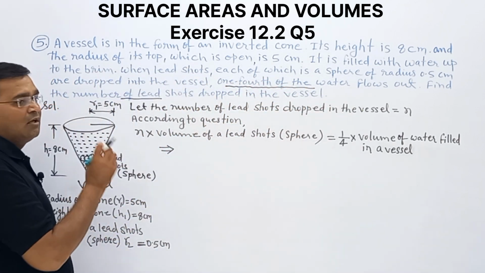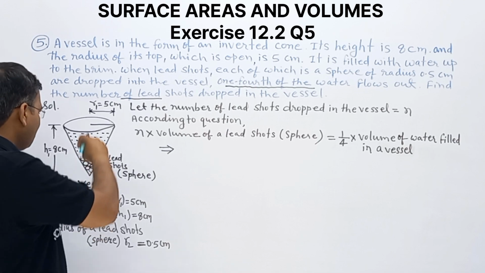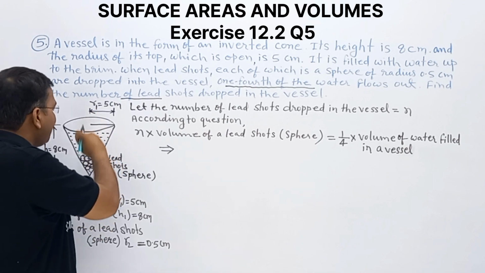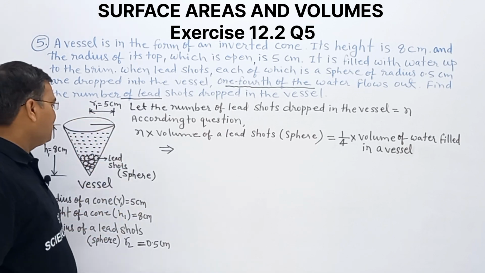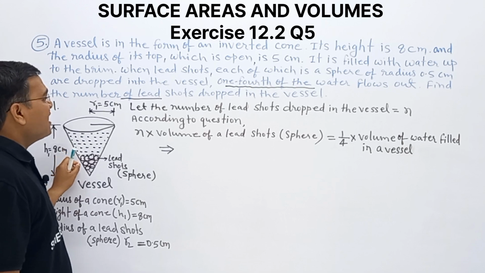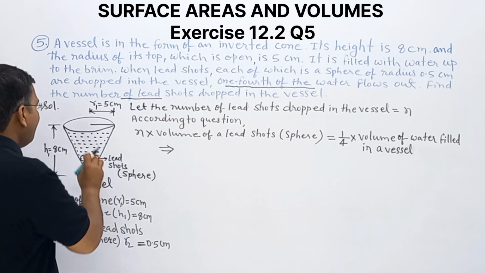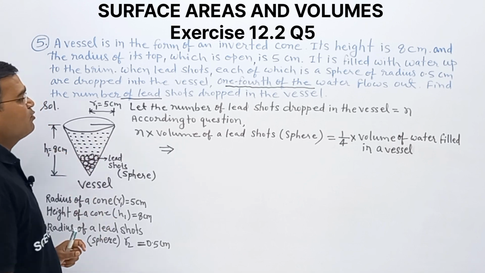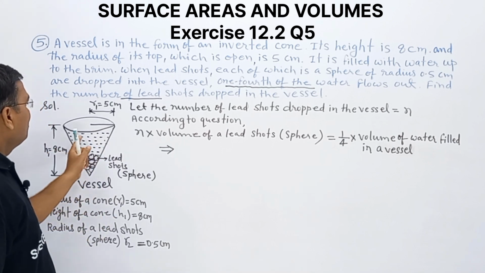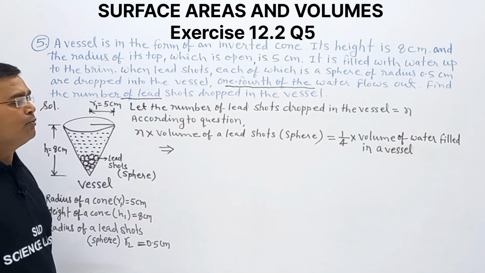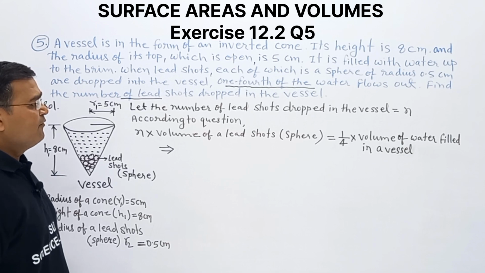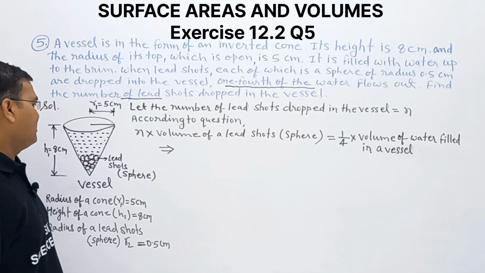So we assumed we are dropping n lead shots. It means n times the volume of a lead shot equals 1/4 of the volume of water filled in the vessel.